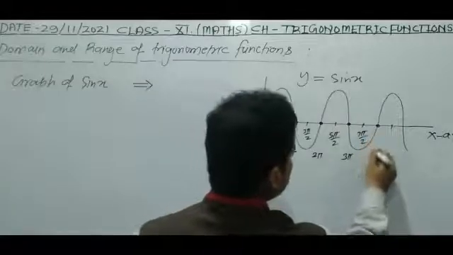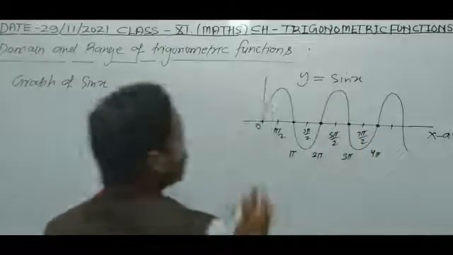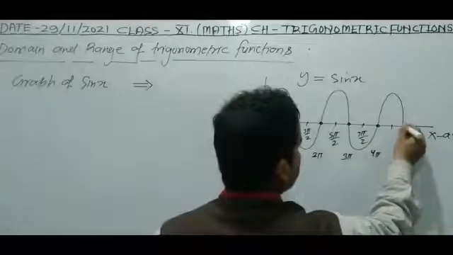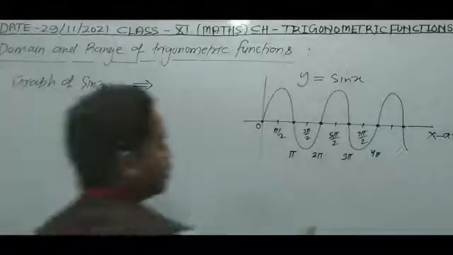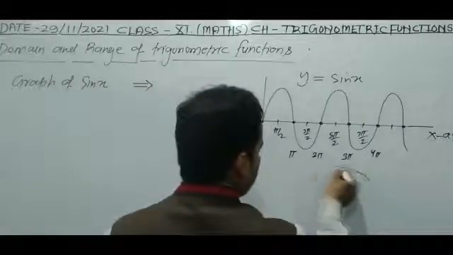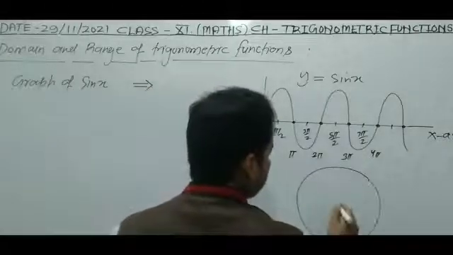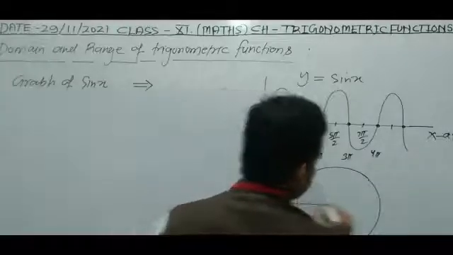It means at multiples of pi you will get the value 0 on the circular motion of any point.